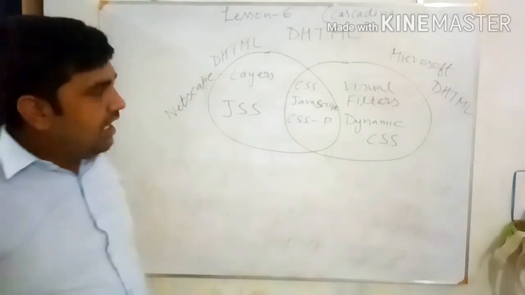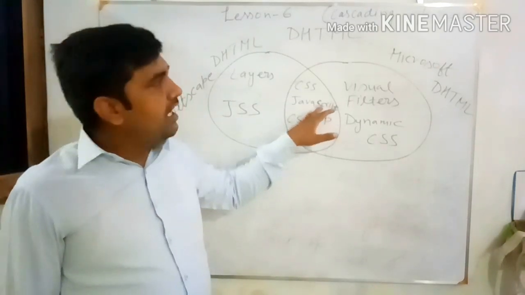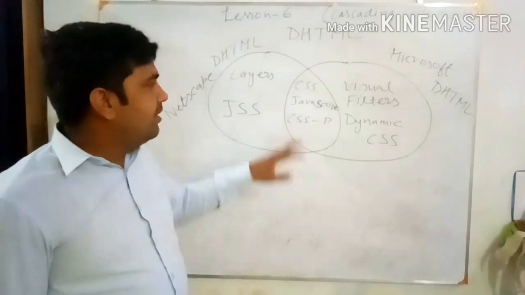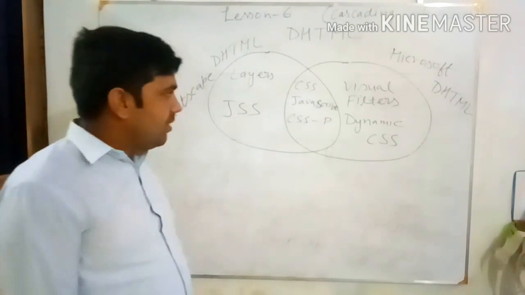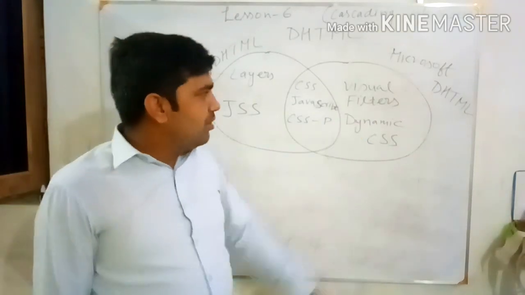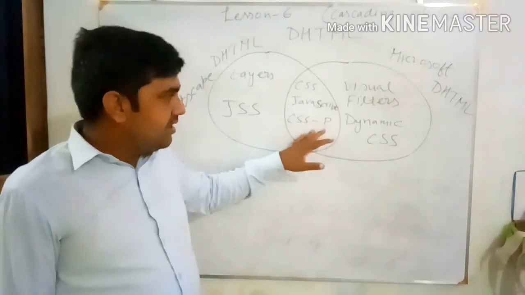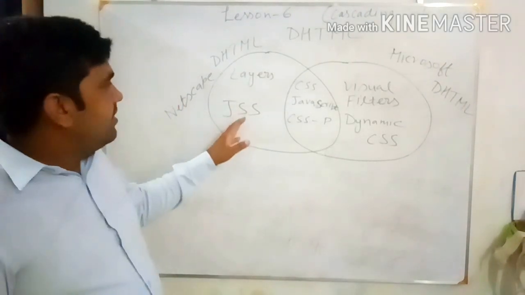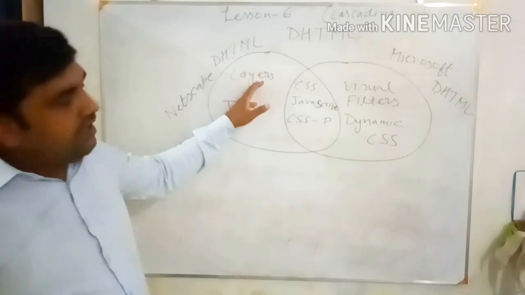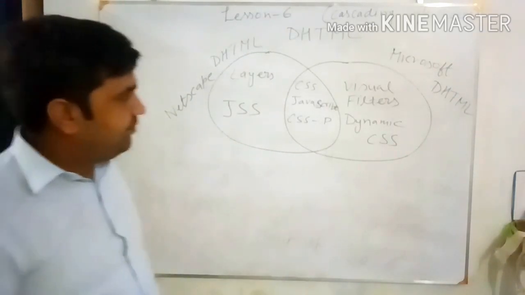With the help of the JavaScript code, it controls the content of the dynamic web page, that for a particular user, what content should be displayed. Now there are filters in Microsoft, which filter according to the choice of the user's interest. Here are JSS and the layers. Layers are used to filter the content of the web page.